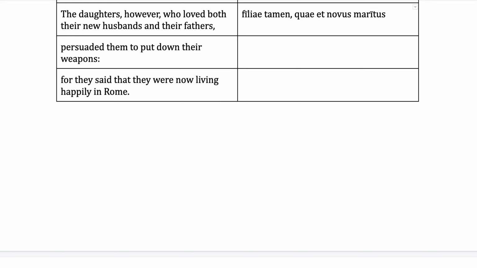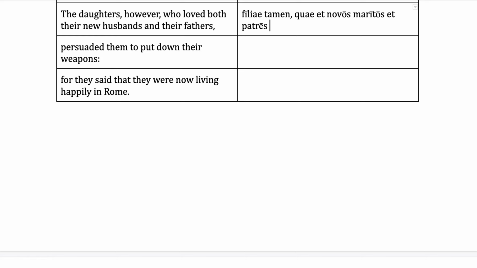So we can use maritus here. Now, in this case, the husbands are plural, and they're also the object. So they're going to be novos, accusative plural, maritos, again accusative plural, and their fathers. So father is pater, but again we want the accusative plural, so that's patres. It's third declension, so patres.